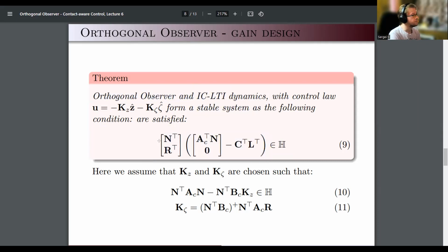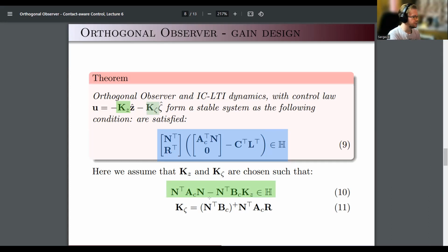Moreover, not only this matrix has to be Hurwitz, but those two, well, let me now use a different color. Those two, K and K zeta, have to be chosen such that this matrix is Hurwitz, which is true if we used LQR that I described previously.